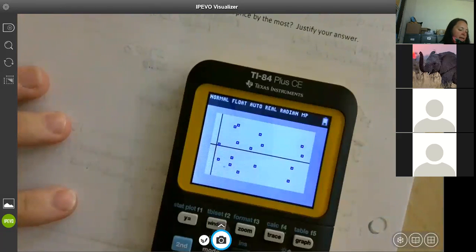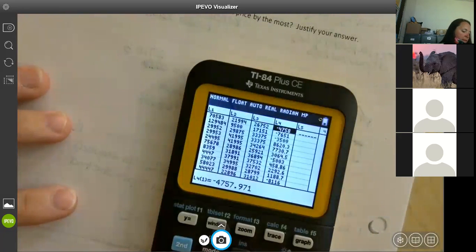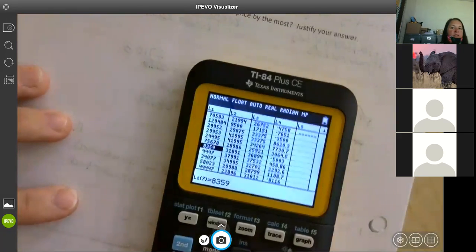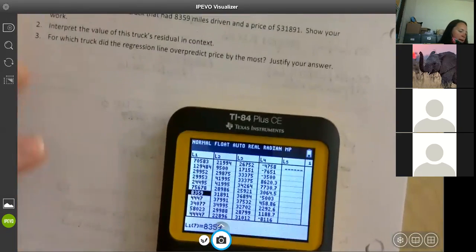So find the residual for the truck that had 8,359 miles and a price of $31.89. So we can go back in our chart. We're looking for the 8359, which is right there, 31891.